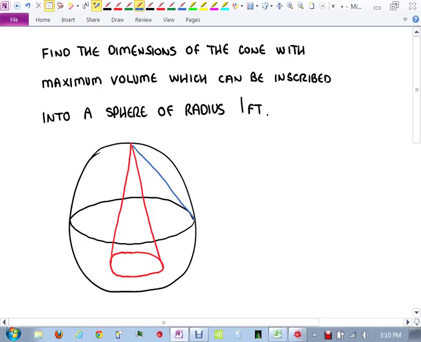I could make a cone that goes to the equator of the sphere. Do y'all see that cone? Is that going to give me the most area? I mean, not area, volume, sorry. Maybe. Maybe that's the most.